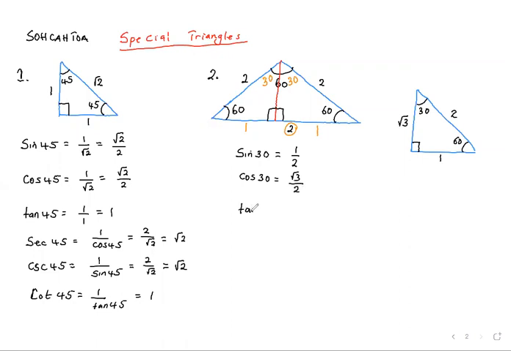Tan 30, opposite over adjacent, so 1 over root 3.